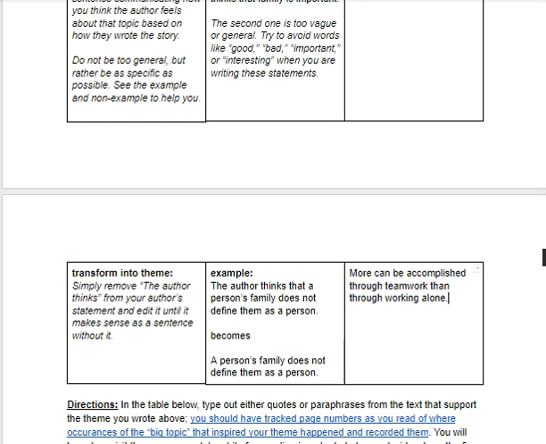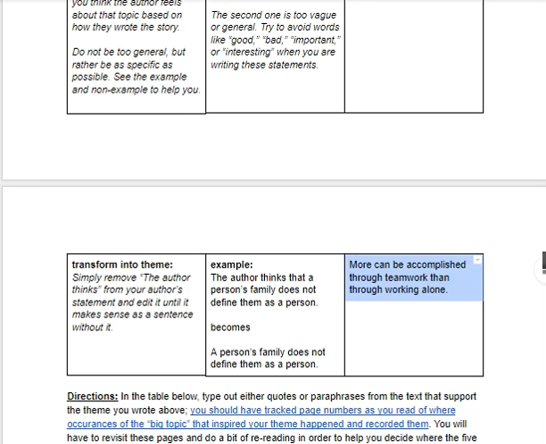So since it is a universal truth, something that's true about the human experience, you do not need to qualify it by saying the author thinks. You can just state it as a fact, and then you're going to support how that author demonstrates this theme in their work. Okay, and that's the evidence part, which the next video will guide you in how to collect evidence to support this theme.